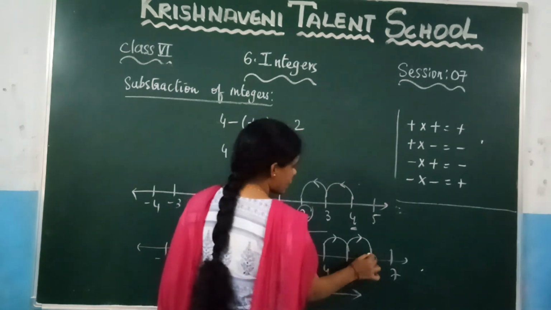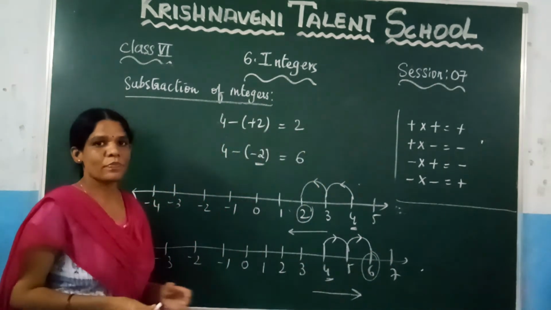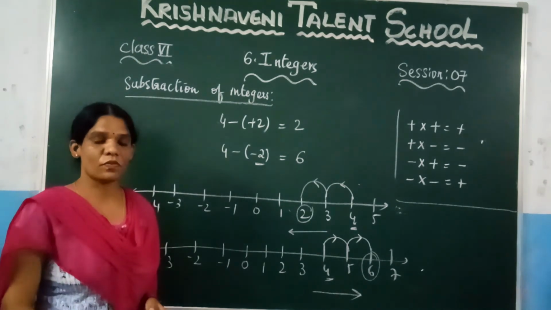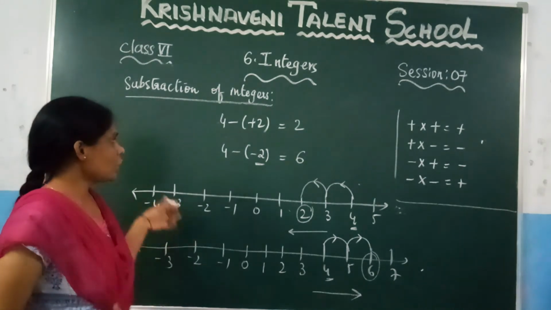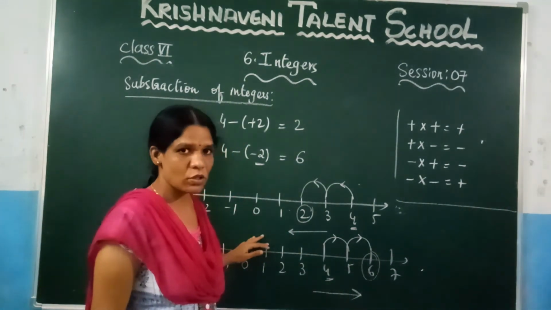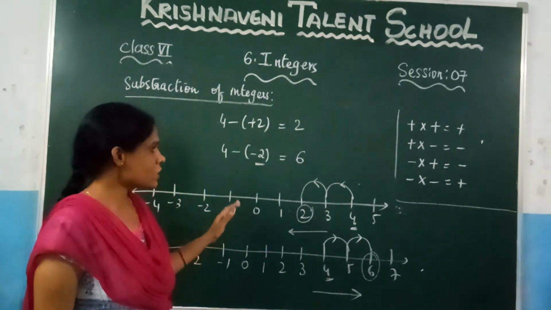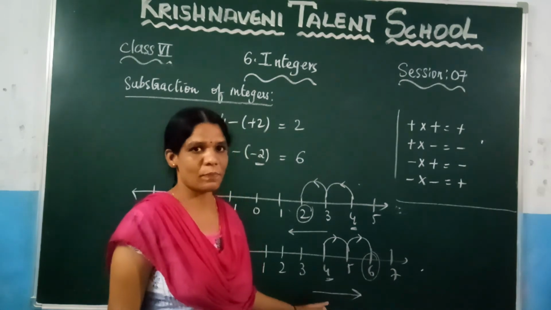What should be the answer here? Which is 6. Like this you need to represent the subtraction of integers on a number line. Again, if you subtract a positive integer, you need to go to the left side of the number line. And if you are subtracting a negative integer, you need to go to the right side of the number line.